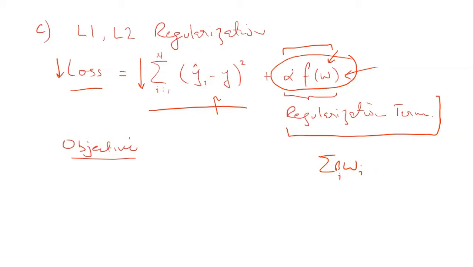And then you're multiplying it by some constant, which is the alpha value, the regularization constant. Now the question is, what do you think it's actually doing? And can you think of why we're doing it? Why would you want to add a function of the weights?